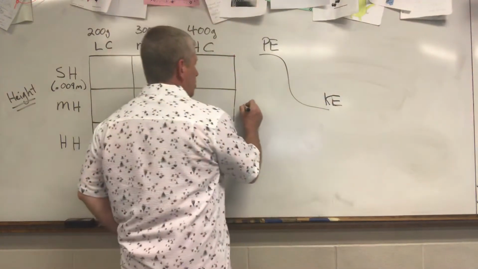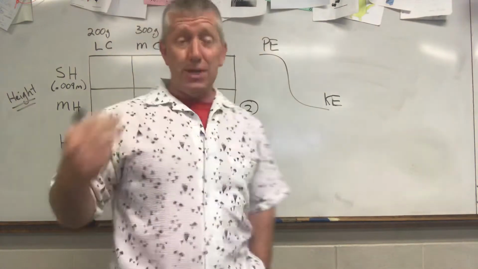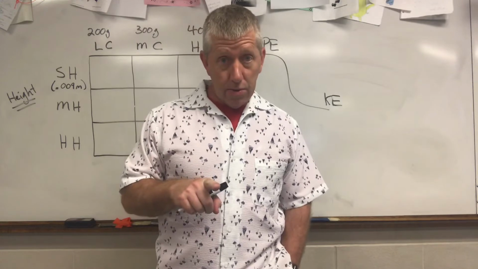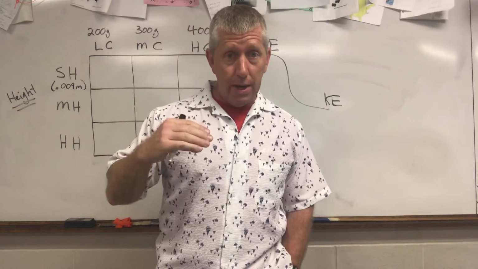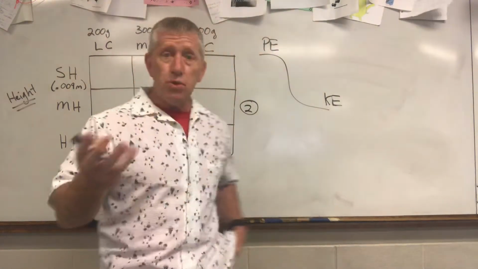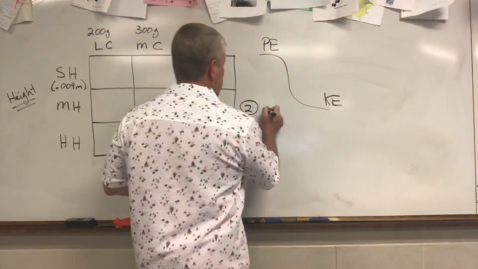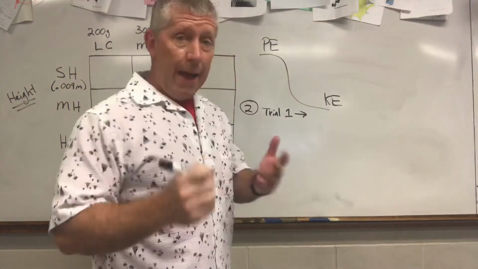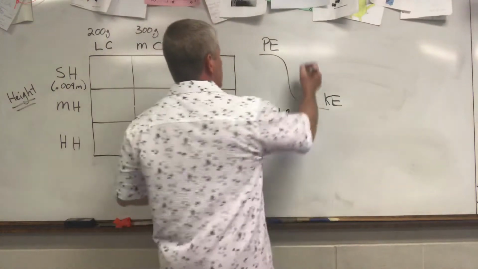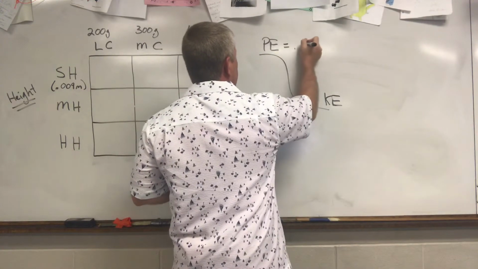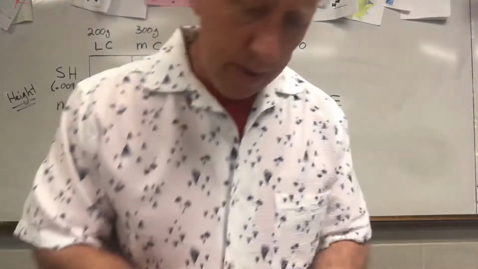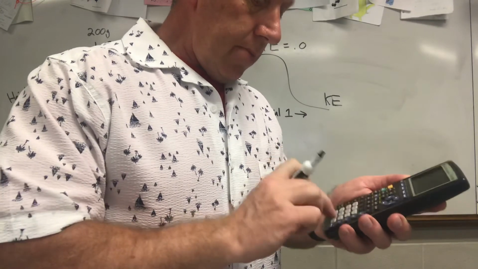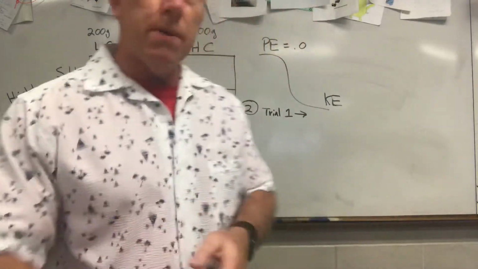So for calculation 2, you take the potential energy at the top of the hill, which we have now calculated from calculation 1. I'll do trial 1. The PE at the top, I'll go back and do it again: 0.009 times 9.8 times 0.2, 0.0176.